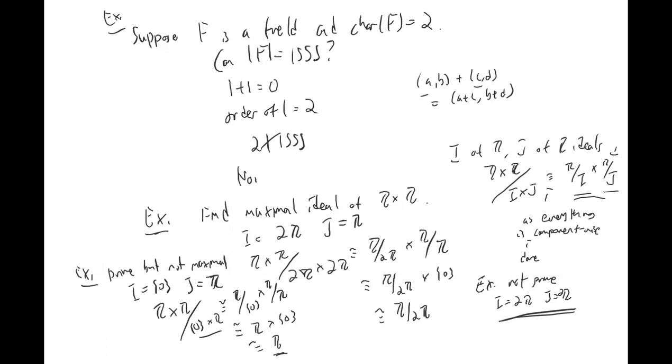If you get that, then your only choice for I is zero or Z, right? I mean, Z will work. I just forgot what the definition of integral domain is. If you choose Z, then this is just the zero ring.